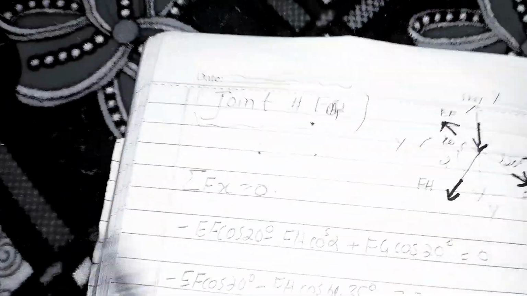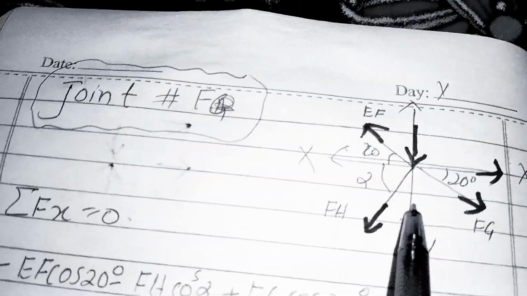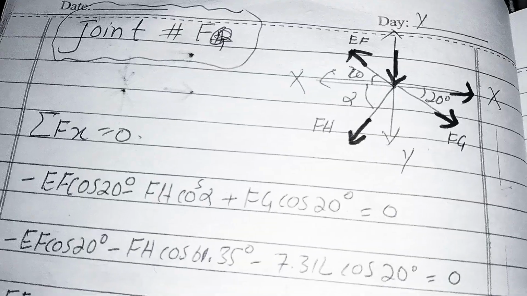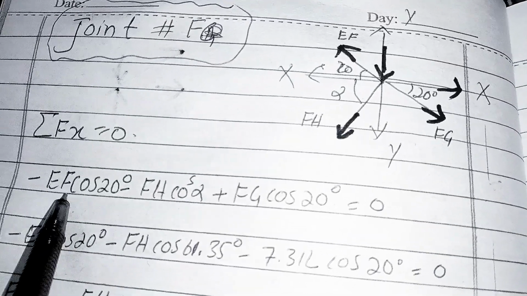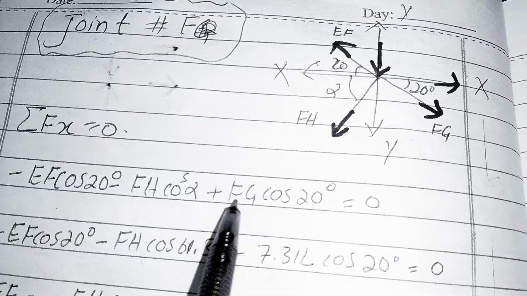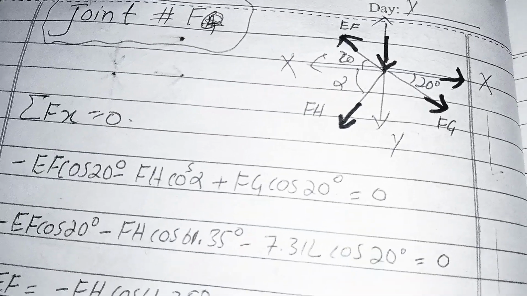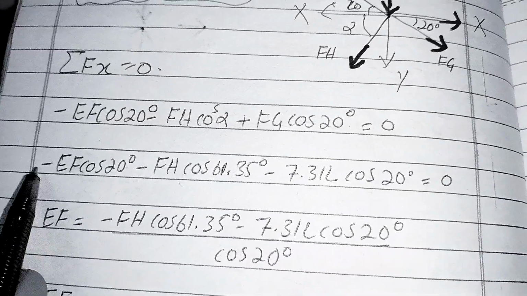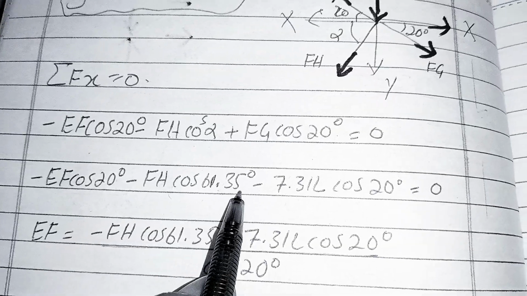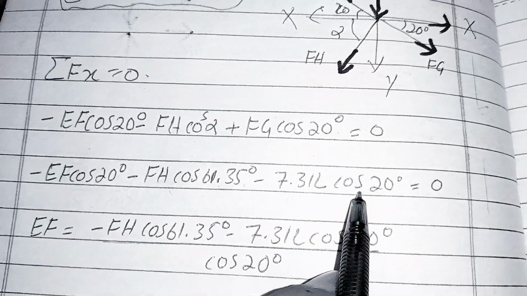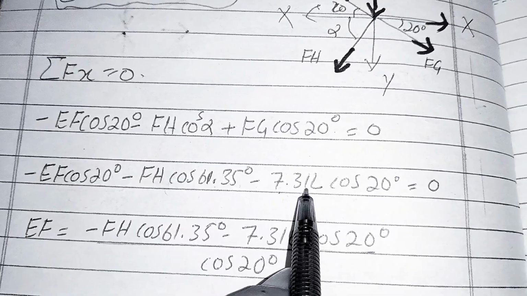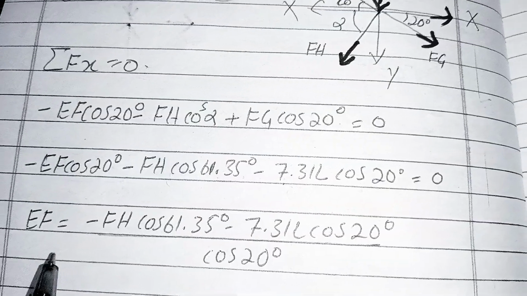Now I will take joint F to find the forces in these members. So the summation of all horizontal forces acting on this joint equals 0. There is a component of EF, which is cos 20 degrees, minus the component of FH, which has angle alpha, and the component of Fg, which is cos 20 degrees, equals 0. With alpha equal to 61.35 degrees, and in place of Fg I put its value, 7.31L, cos 20 equals 0.